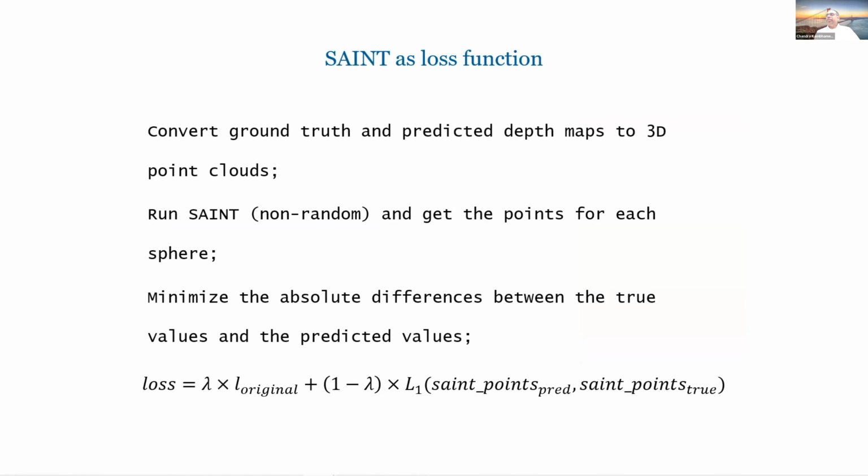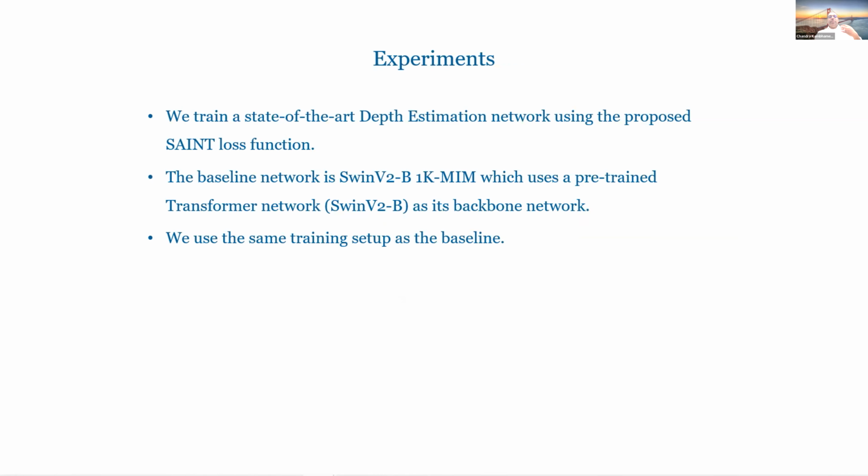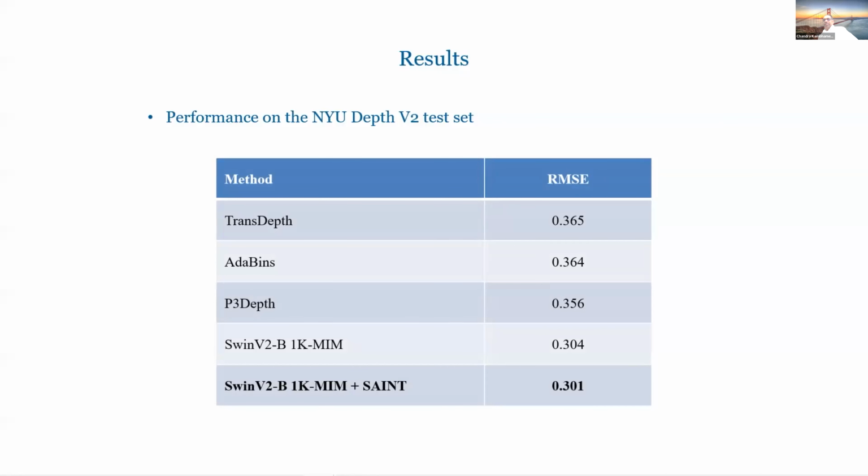We came up with a loss function based on Saint, and we did experiments with that loss function on an existing network. That's where you can see some RMS error, where the error of the Saint depth is much lesser than the other. These are the errors compared to the ground truth.